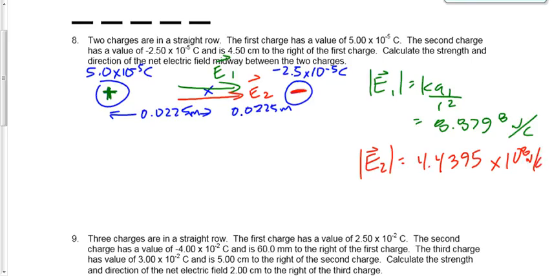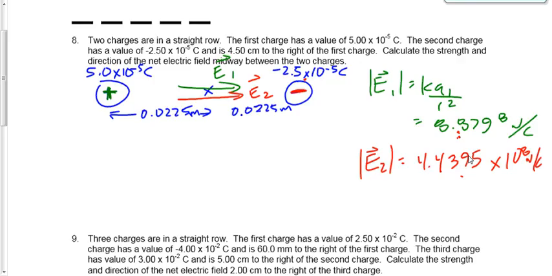Since all the numbers are the same except this is half the value of the other charge, we just took this number and divided it by 2. We didn't multiply k by Q divided by r squared; we took the answer from the previous one and simply divided it by 2 because the charge was half the charge.